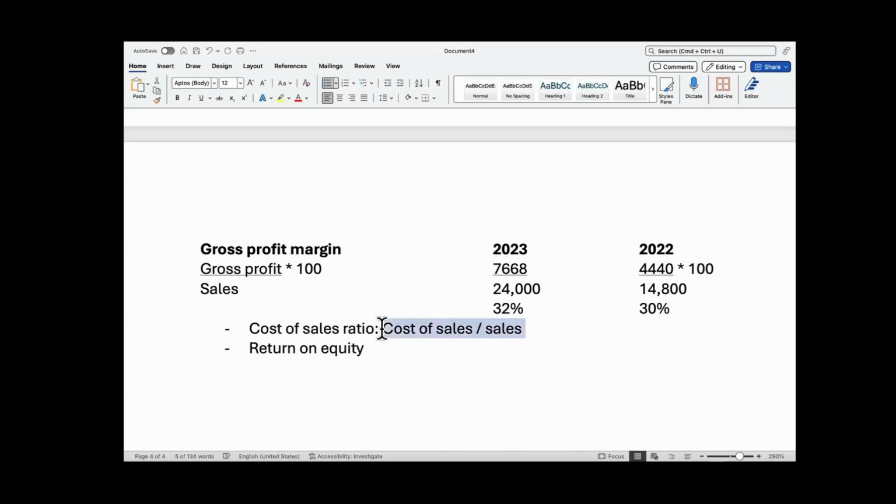It measures the amount of cost of sales incurred on every sale, in such a way that if your cost of sales ratio is 20%, meaning on every sale you incurred 20%, your gross profit margin will be 80%. But gross profit margin is gross profit over sales.